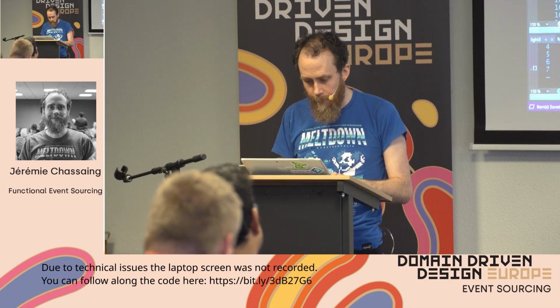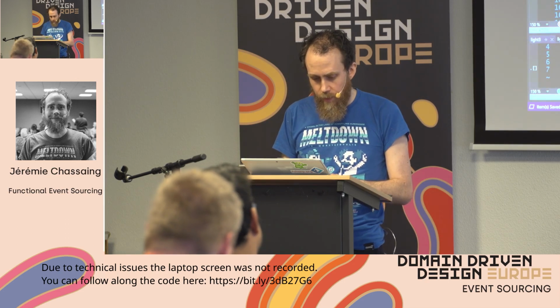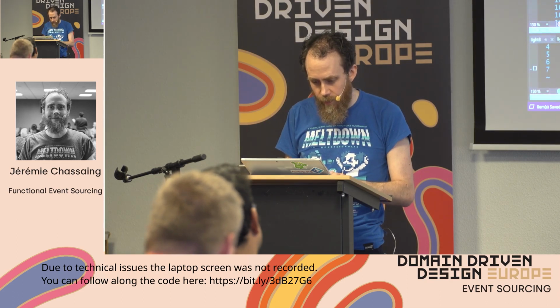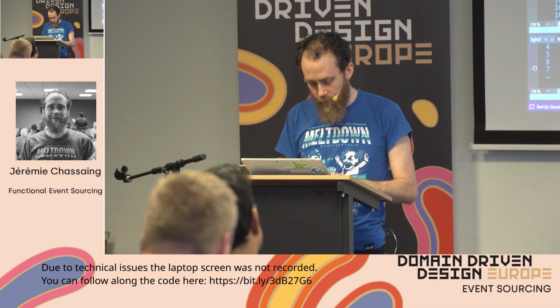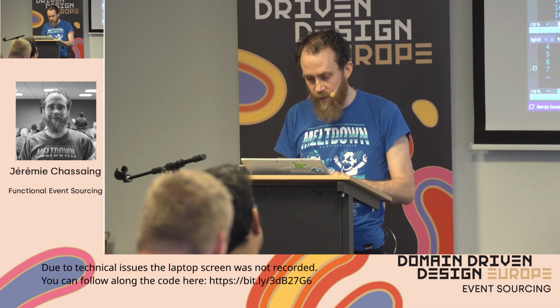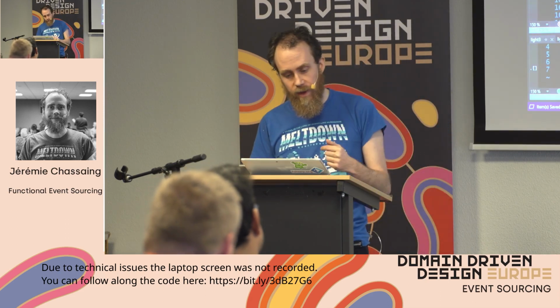Okay, else 0, and I will just say if lines different from expected version, then fail. This is just throwing an exception, wrong expected version, which means that something else happened somewhere else and you're not ready for that yet.